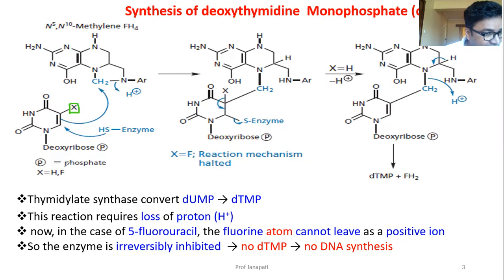If X is fluorine, it is 5-fluorouracil. Now, for the understanding of the mechanism, this is N5N10 methylene FH4, which we got from FH4. See, FH4 is converted to N5N10 methylene FH4.